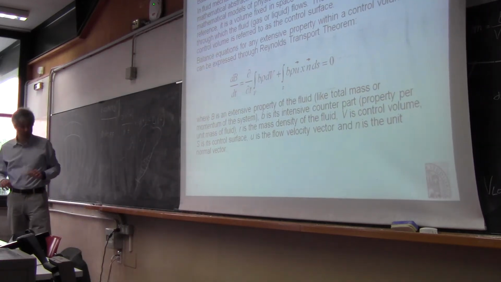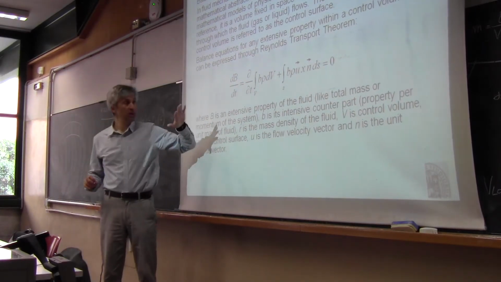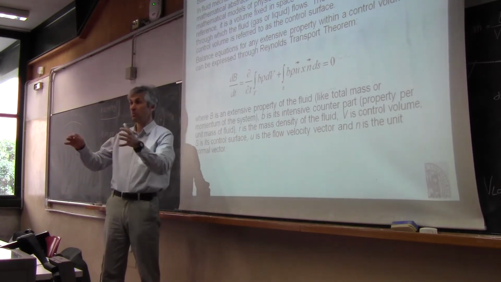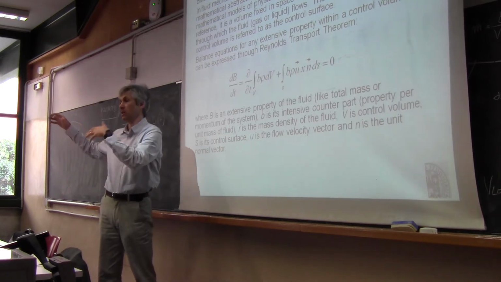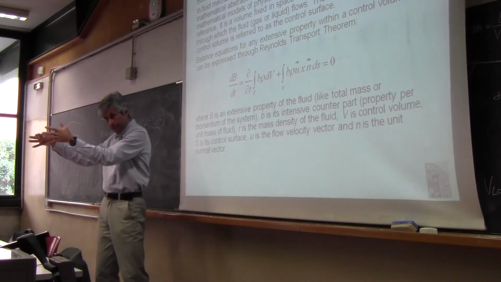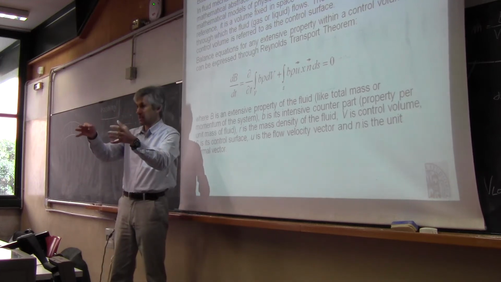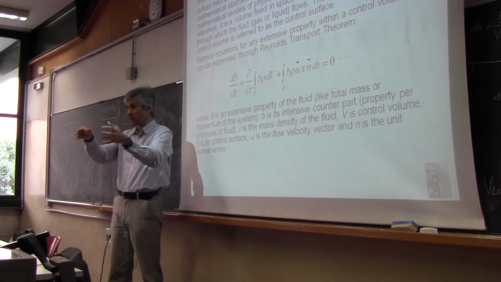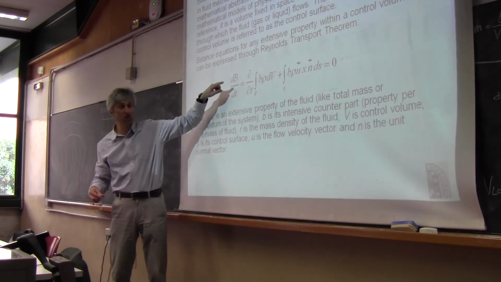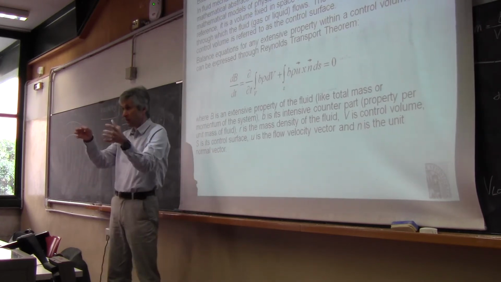Okay, now what is the left-hand side of this equation? It's the changing time of the extensive property for the considered volume of fluid that is traveling. In our case, the fluid is water. This volume of water that is moving, capital B is, for instance, the total mass of this volume of water that is moving, and the left-hand side is the changing time of the total mass of this volume of water that is moving.